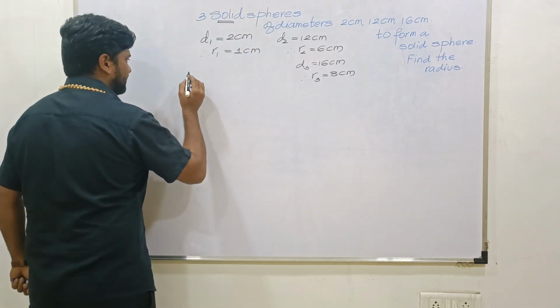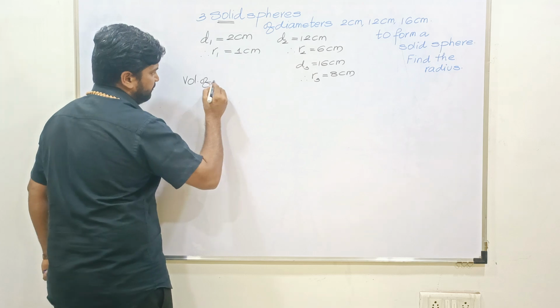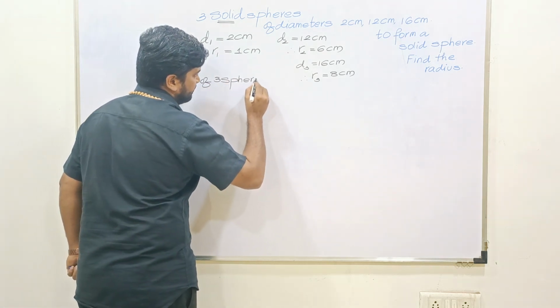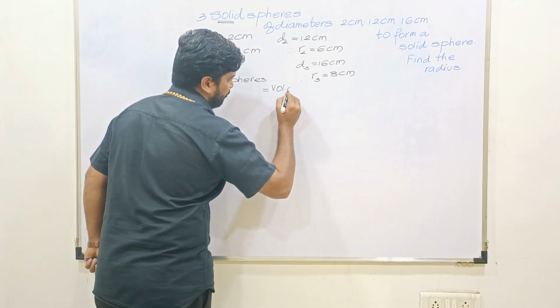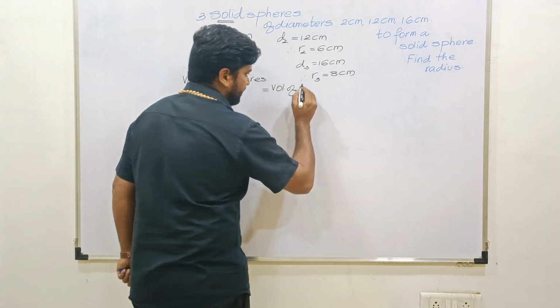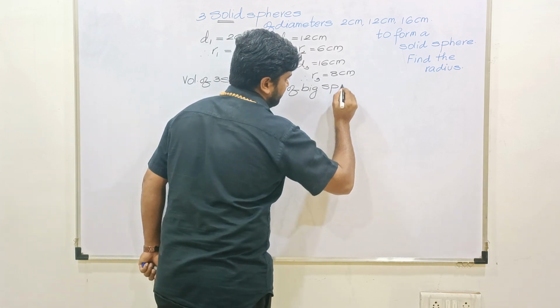Okay, so I'll just write it this way: volume of three spheres will be equal to volume of that single big sphere. So I'll write volume of big sphere.